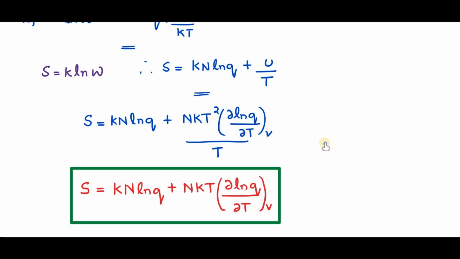So we have derived the expressions for internal energy and entropy in terms of partition function. Similarly, we can also find out the expressions for other thermodynamic properties such as heat capacity, Gibbs free energy, work function, enthalpy, etc. in terms of partition function. So let's see one by one.